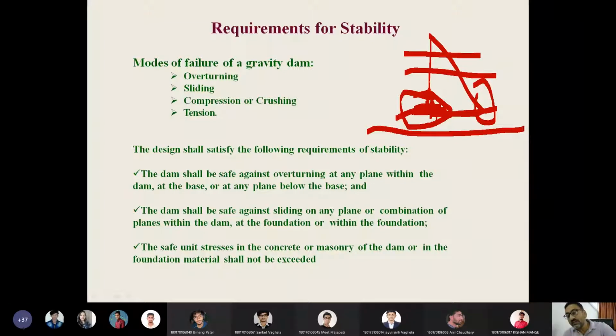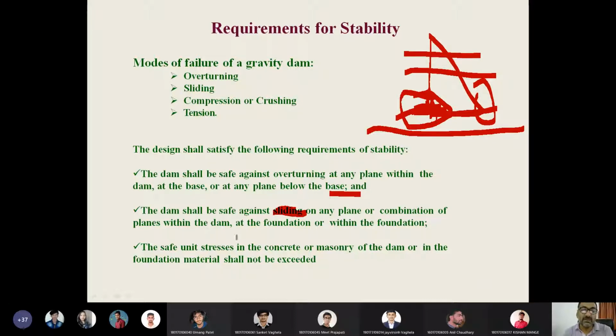Even in rock we are looking at that there should not be any possibility of sliding. Overturning definitely won't take place in the foundation; it would take place only at the base. So the dam shall be safe against overturning at any plane within the dam, at the base, or at any plane below the base. It mentions any, but it is rare.